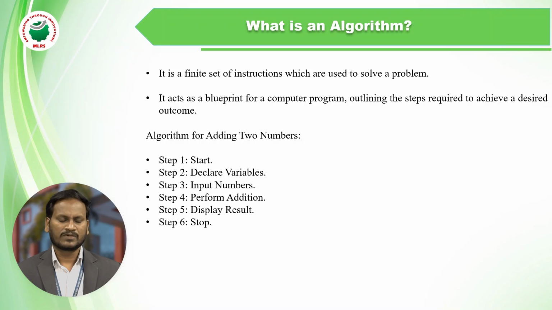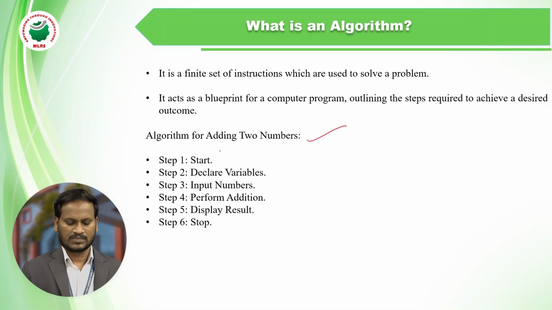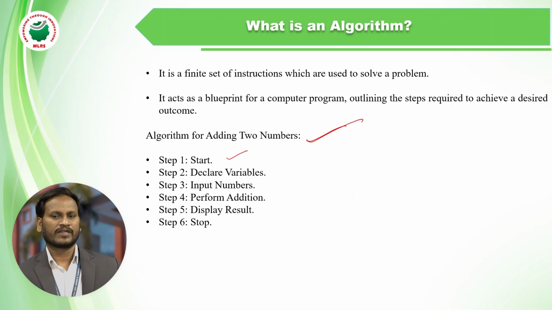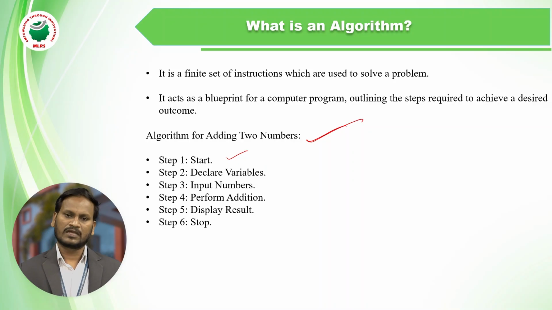An example of an algorithm: adding two numbers. First step, start adding two numbers. Second step is declaring variables. If you want to add two numbers, we need two variables, and we have to store that addition in another variable.